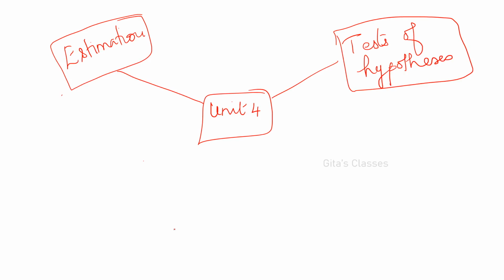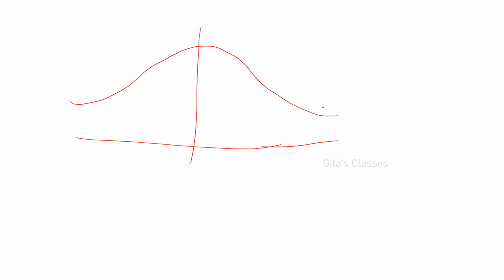Another important thing is the normal curve. Here this area is called 1 minus alpha. We are analyzing the samples, and it may be 99% true or 95% true or 98% true. Depending on that, the area will differ.